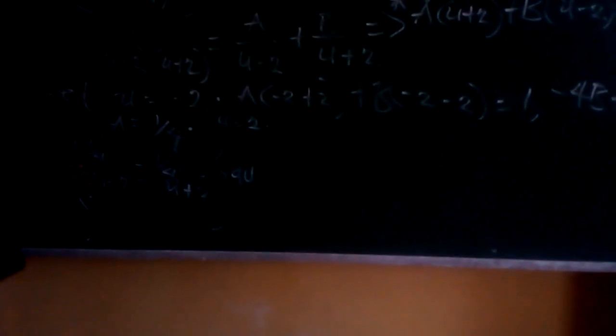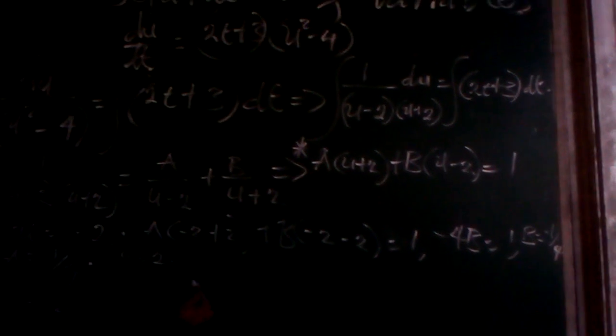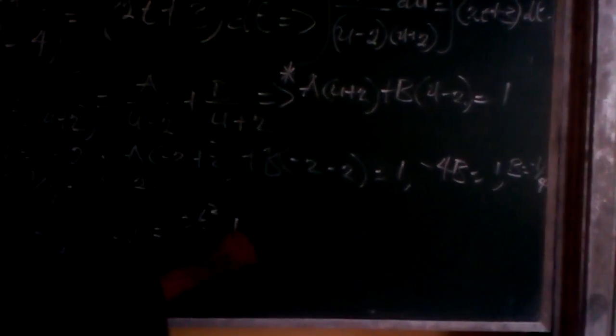So this will now be the integral of (1/4)/(u − 2) − (1/4)/(u + 2) du is equal to the integral of (2t + 3) dt, at that side. An integral of 2t will give you 2t²/2 plus 3t plus arbitrary c.